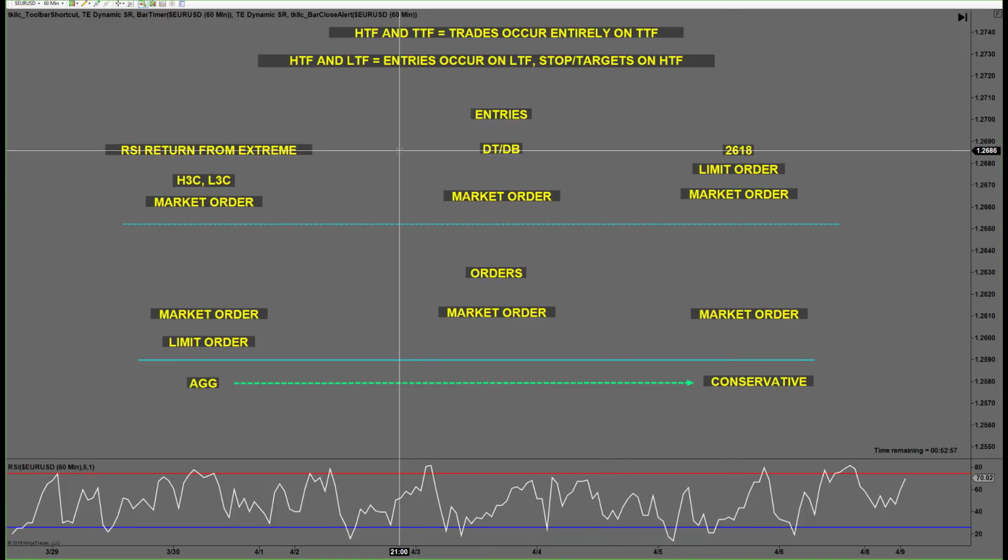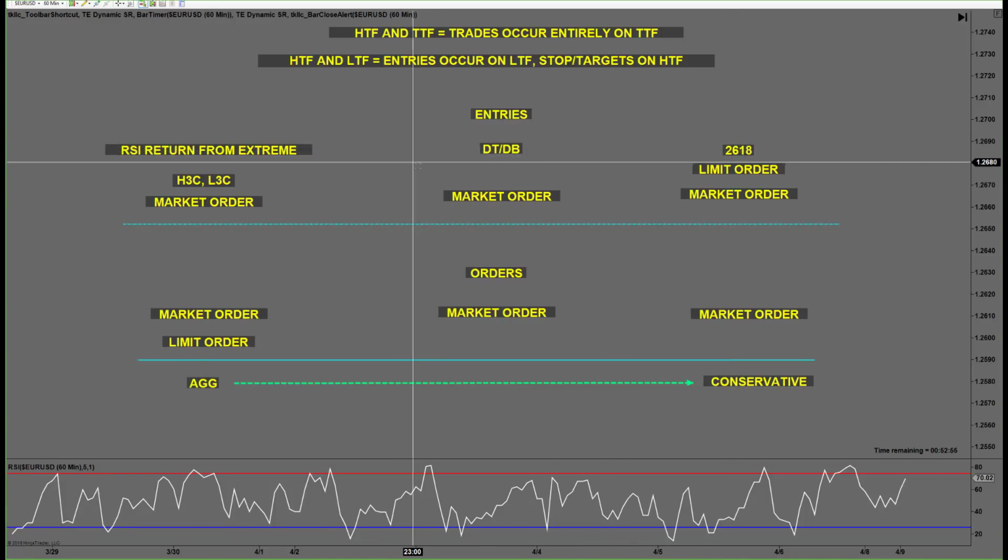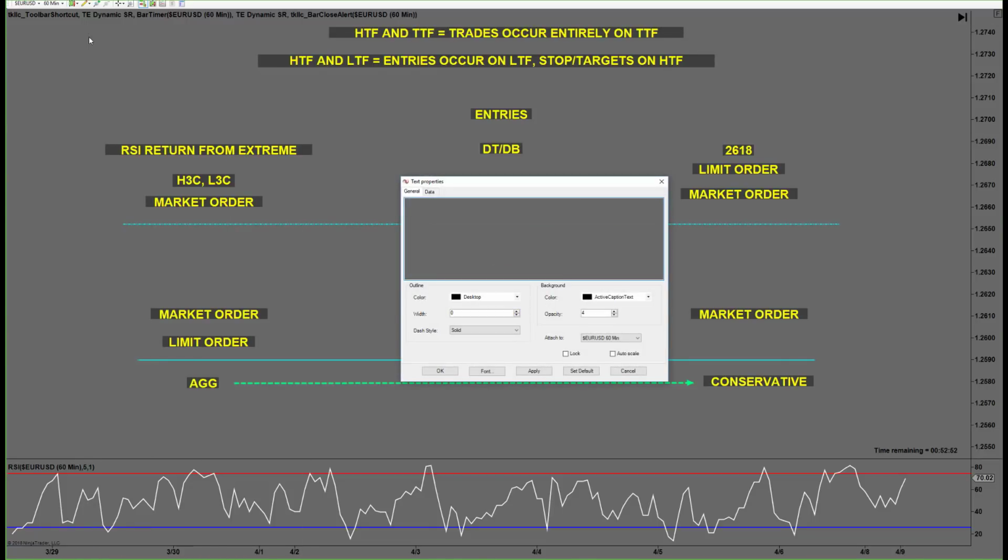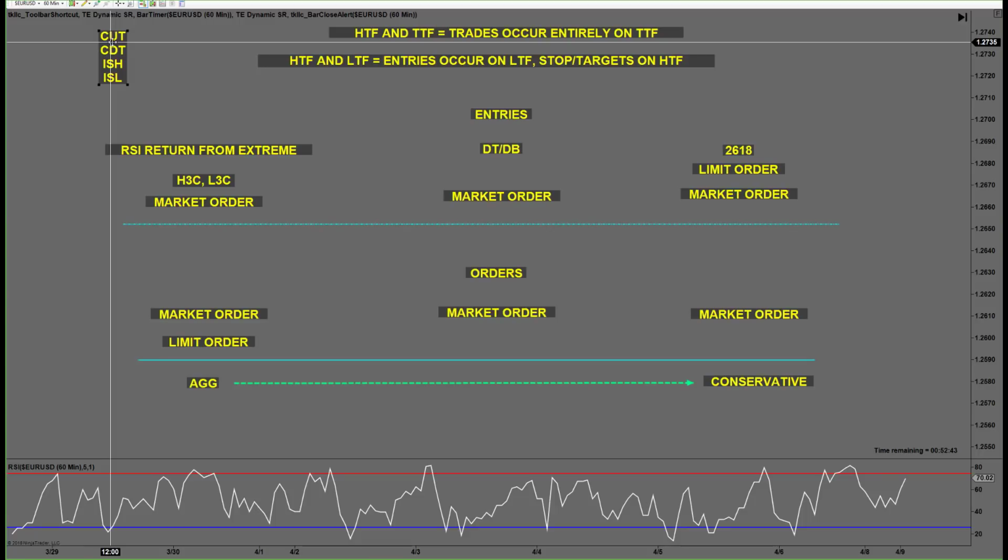We've talked about 4 different conditions on the chart: confirmed uptrend, confirmed downtrend, ISH, ISL. Those are the 4 conditions we can have on a chart based on the way that we are reading price.